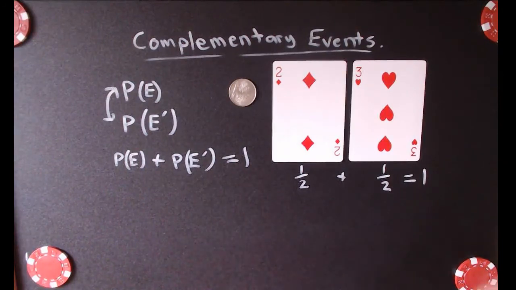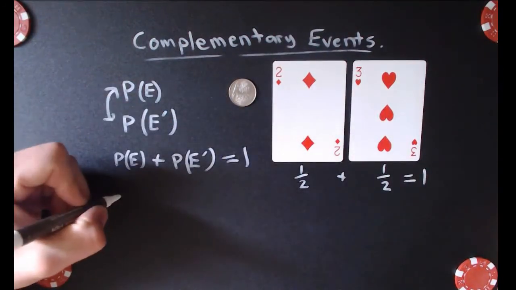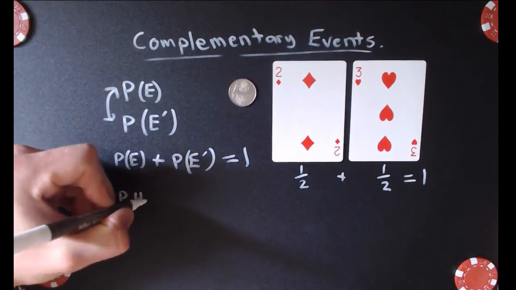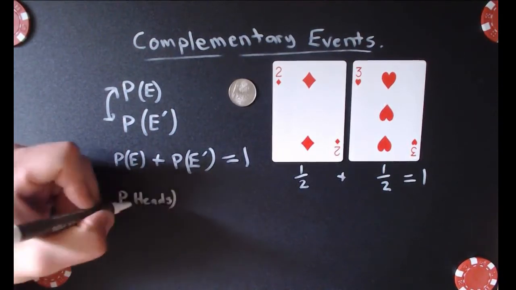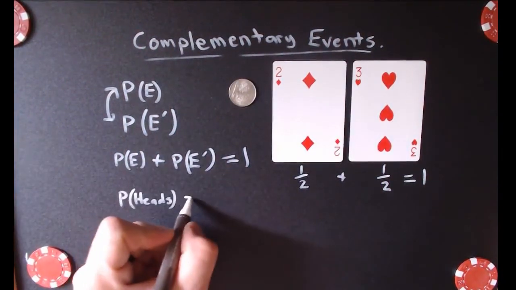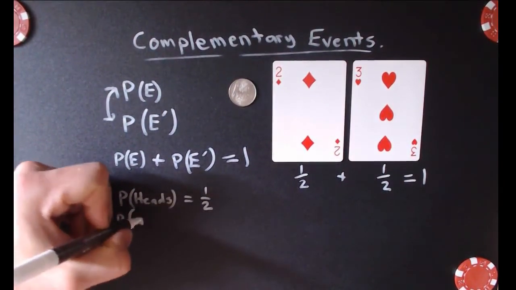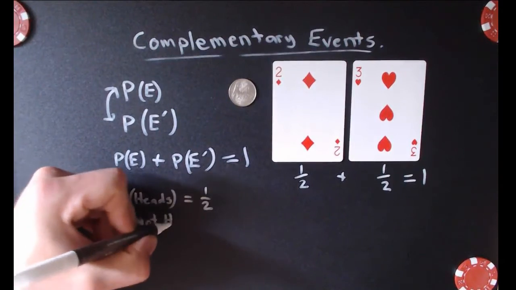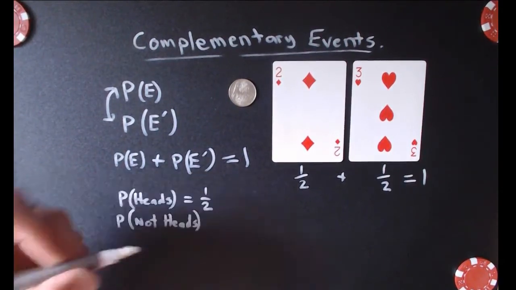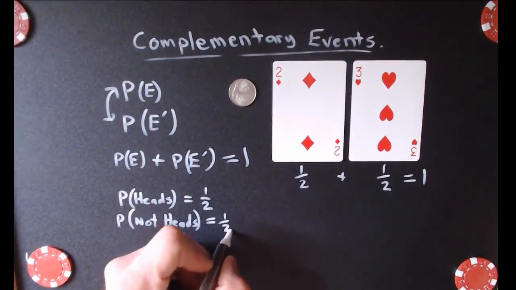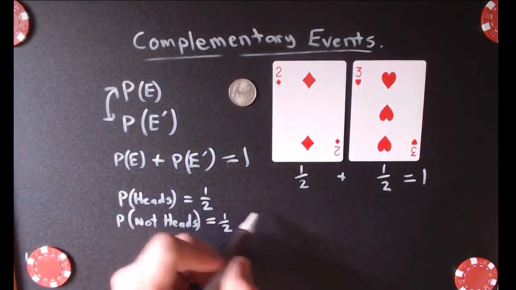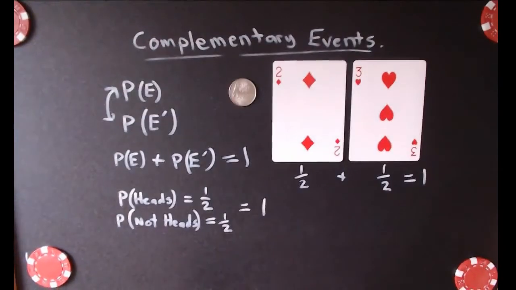I could write this in a similar way, where I could say probability of heads is equal to a half. Probability of, let's call it not heads, which would be its complement, is equal to a half. So therefore the sum of these two combined equals 1.